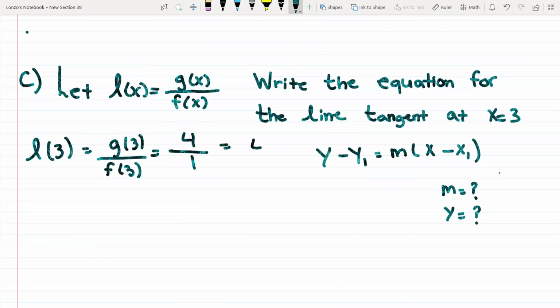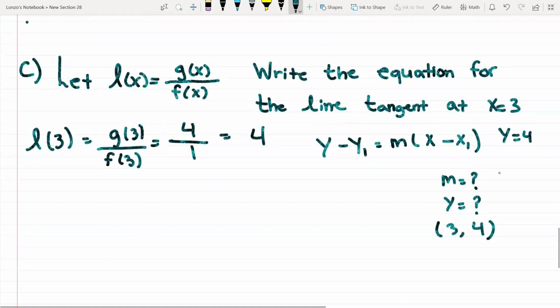So that would be 4 over 1, so my y value is 4. Okay, so now we have a coordinate. Now we have to find our m. So how do you find the slope? You take the derivative and plug in your x and y coordinate.